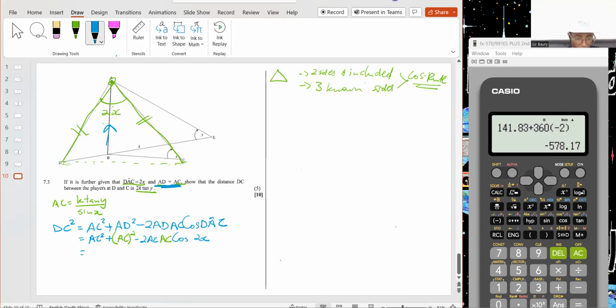If I simplify this, I'm going to have 2AC squared minus 2AC squared times that.